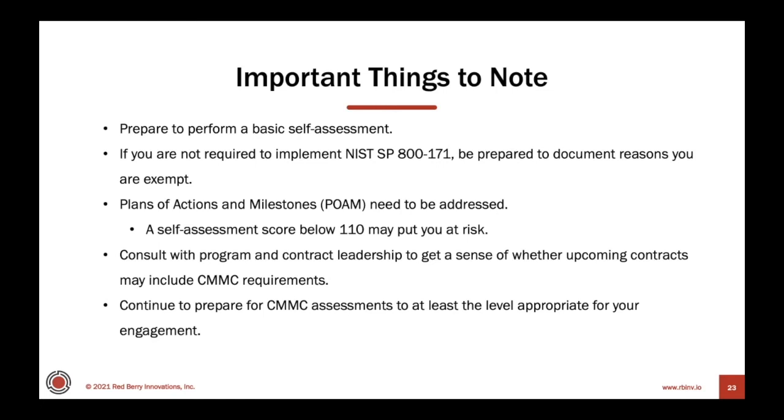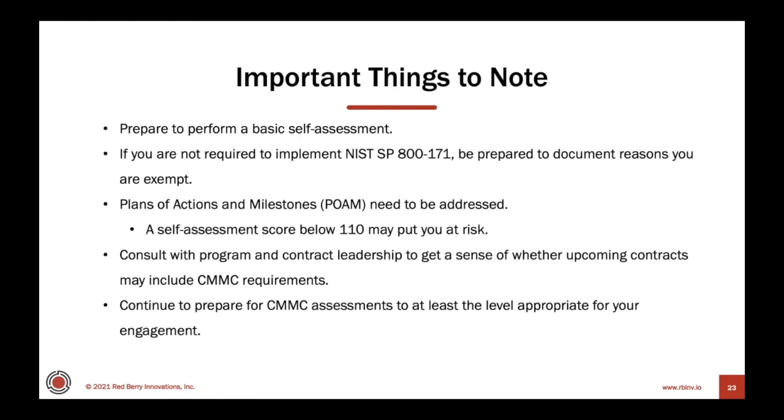Plans of actions and milestones need to show progression toward compliance. Milestones show expected dates. If your organization shows an expected June 1st completion date for a milestone, make sure you are on track to complete it by then. Program and contract leadership should be willing to indicate if their upcoming contracts will include CMMC requirements.